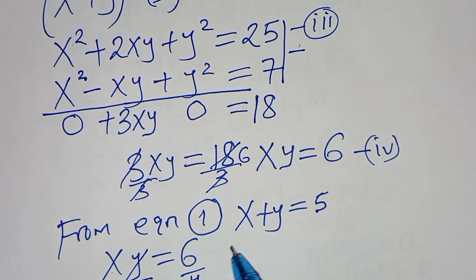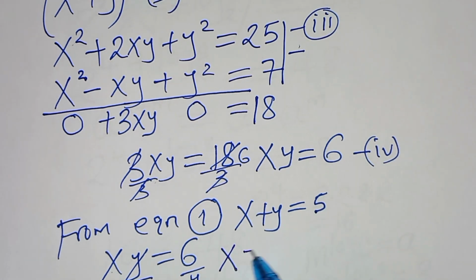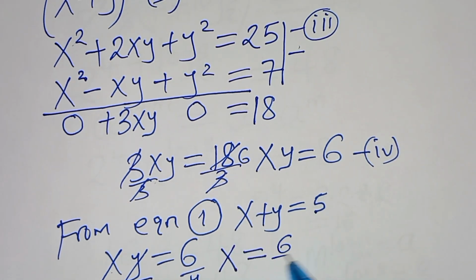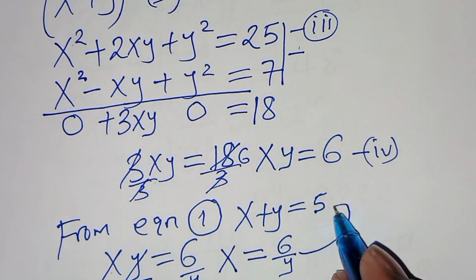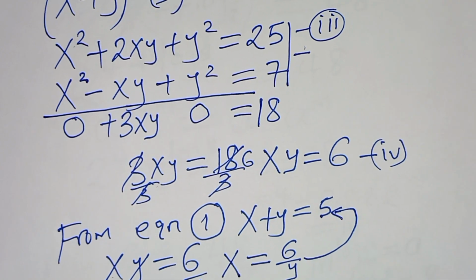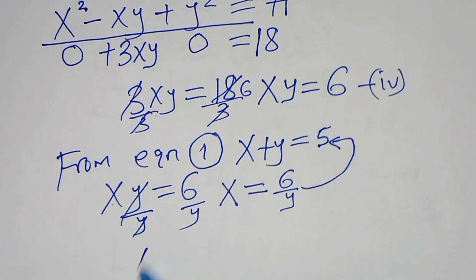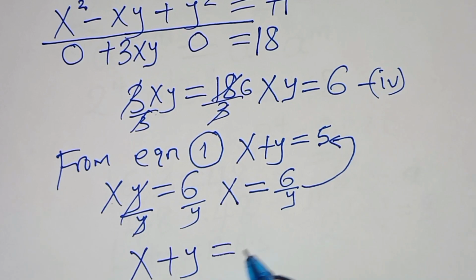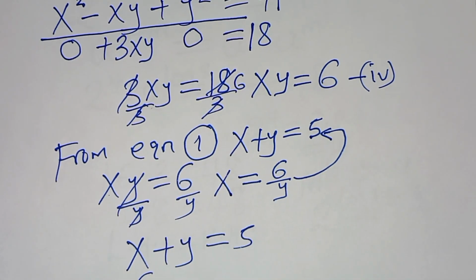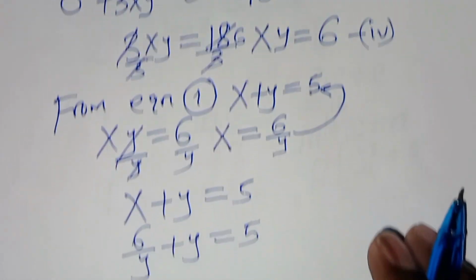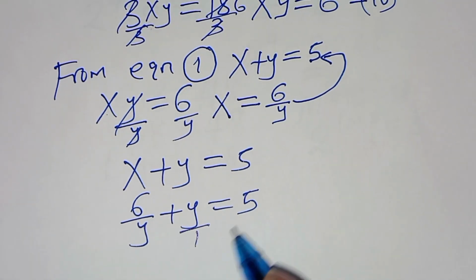Let's make x the subject of the formula, which implies that x is equal to 6 over y. So let's substitute this into equation 1. We have x plus y equal to 5, so 6 over y plus y is equal to 5. This 5 is a whole number, so it's over 1.